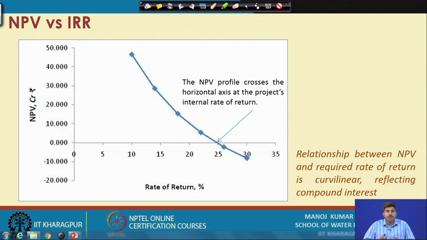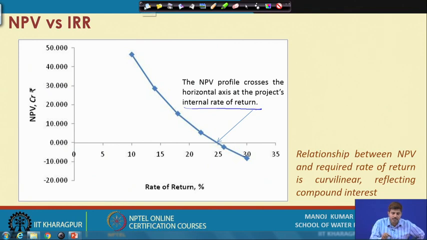Now, this is the plot between NPV and rate of return, not IRR actually, for this particular problem. You see that as my rate of return is increasing, my net present value is decreasing, and the point where the NPV profile crosses the horizontal axis is my internal rate of return.